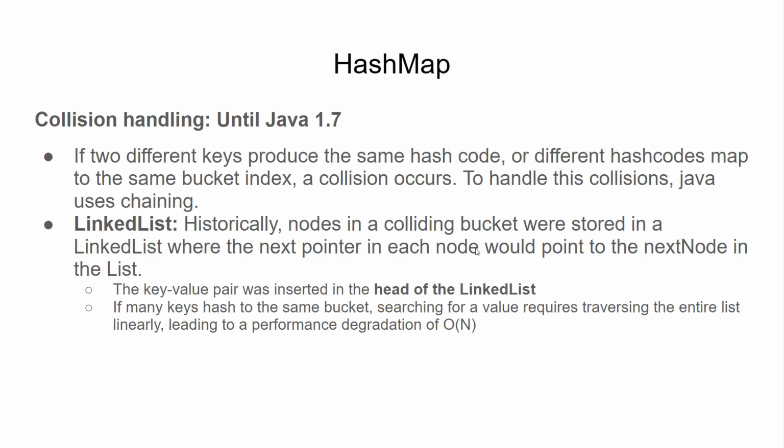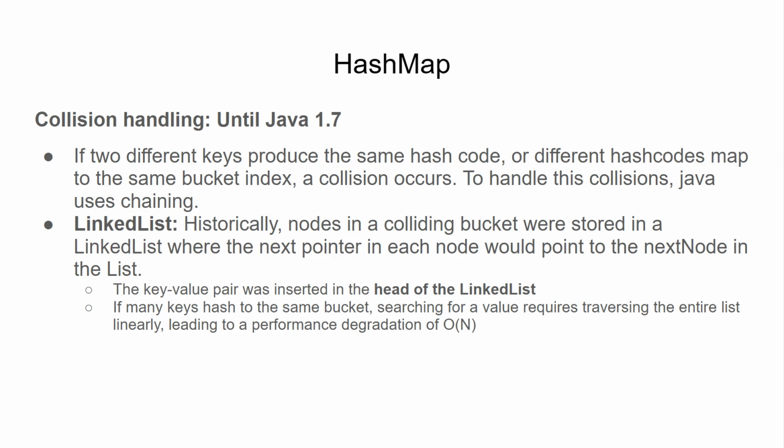The collision handling of the HashMap until Java 1.7, okay, until Java 7. If two different keys produce the same hash code, or different hash codes map to the same bucket index, a collision will occur.